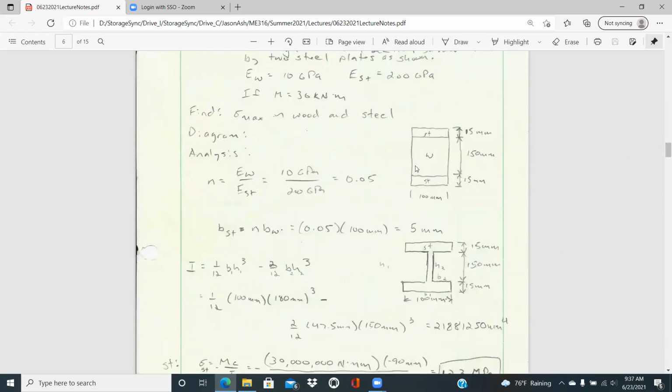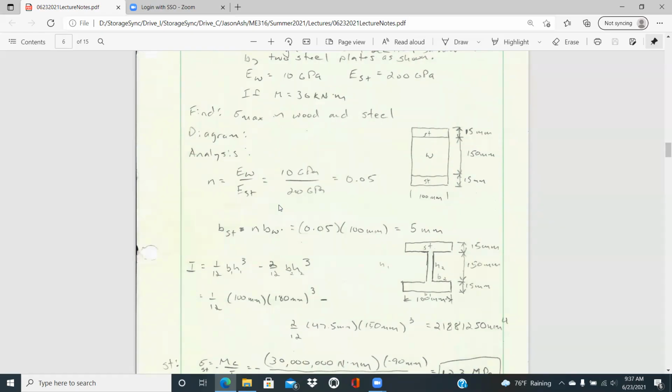But for that ratio, just look at the Young's modulus values. If the wood has a lot lower Young's modulus, that's going to shrink the width when you transform it to steel.